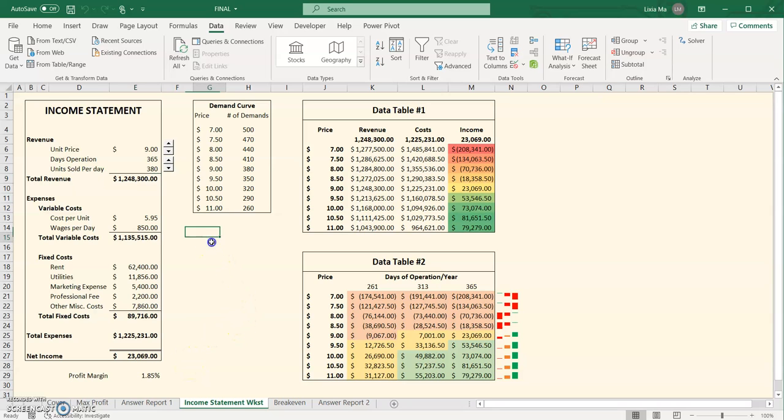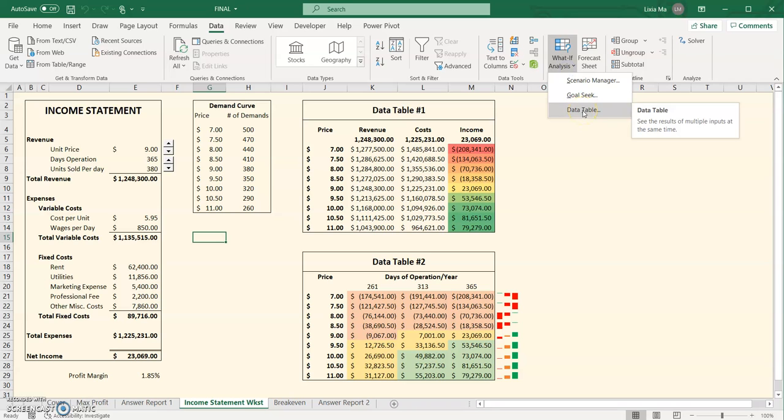I also have a demand curve. We expect the number of demands to increase when we sell at a lower price and to decrease when the price increases. Then I did 2 data tables by using the Data What-If Analysis Data Table.